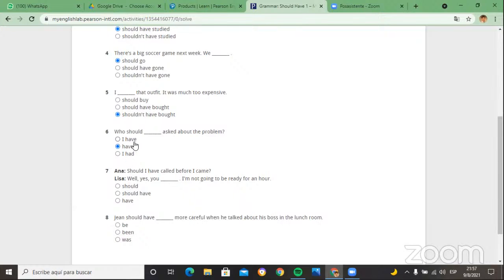Nathaniel, when it is a question, for example, the structure is: should, then the subject after, have, plus the verb in past participle.